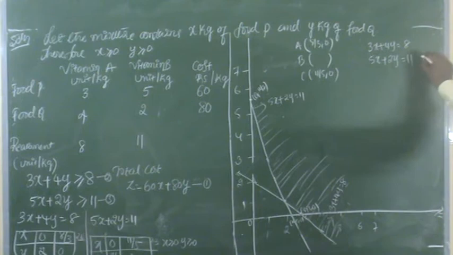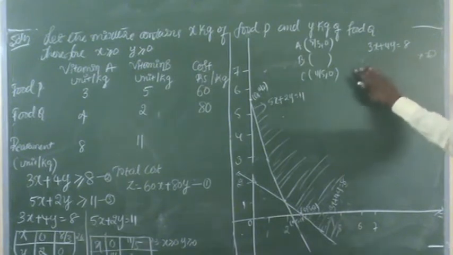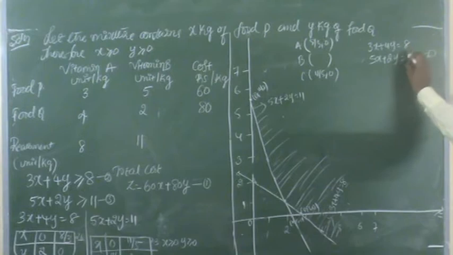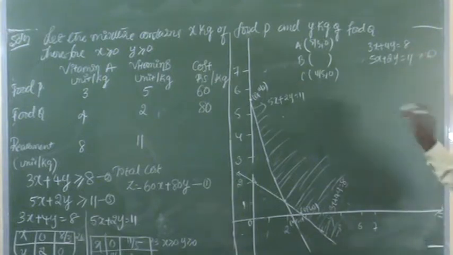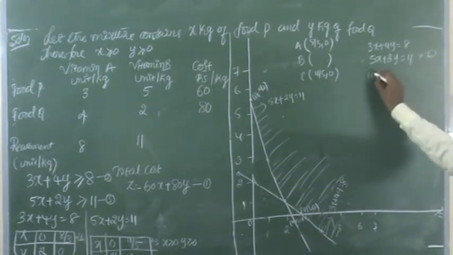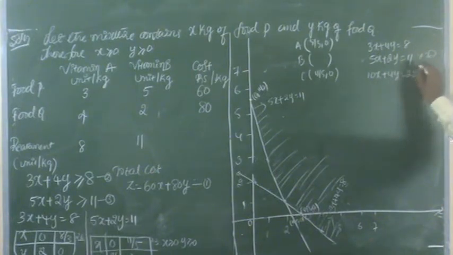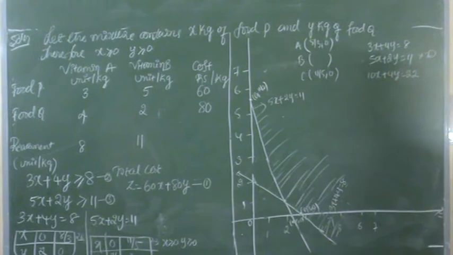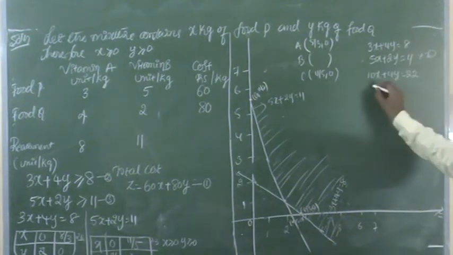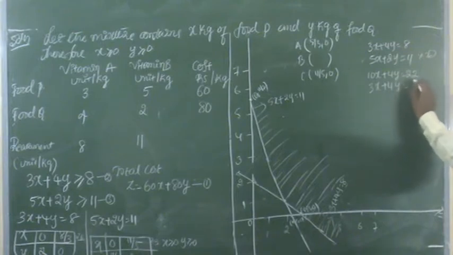Multiplying 5x plus 2y equals 11 by 2, we get 10x plus 4y equals 22. And for the other equation, 3x plus 4y equals 8.